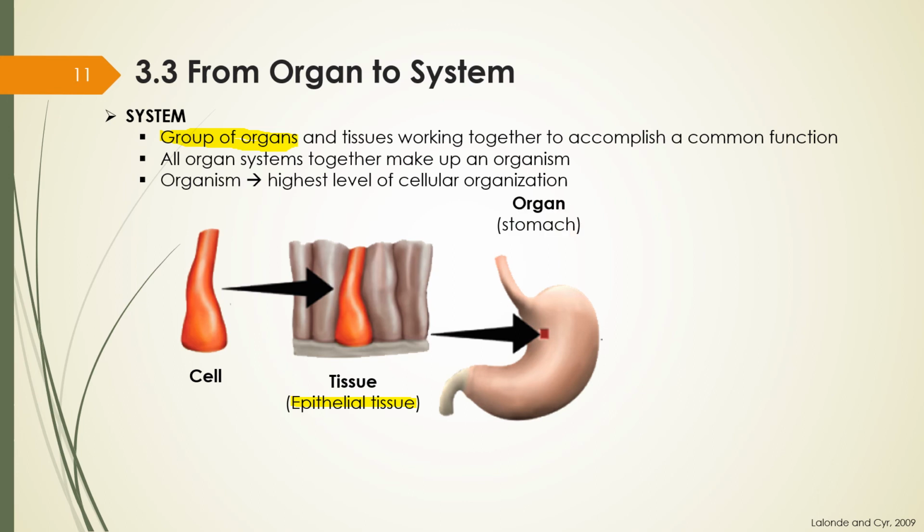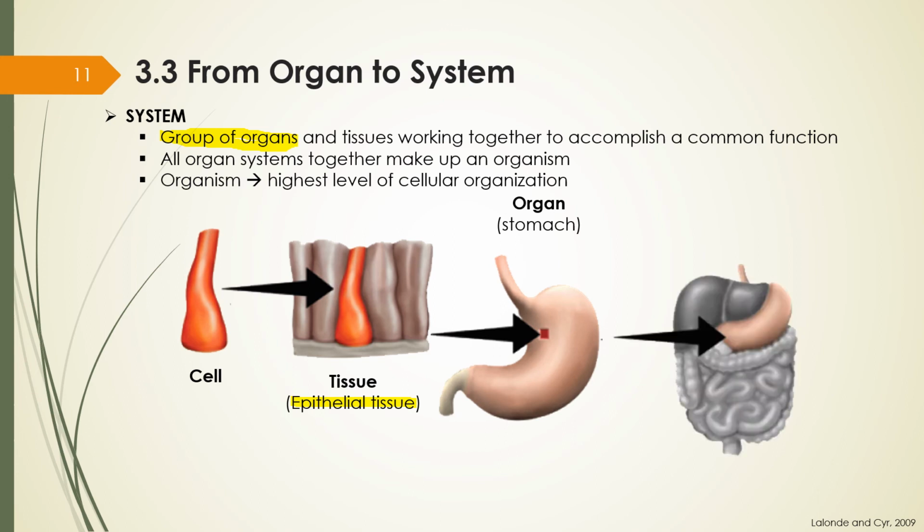But as we just saw, the stomach has different tissues, right? And when I take this organ and connect it with other organs, I form a system. In this case, a digestive system. So the stomach is connected to your intestine, for example, making the digestive system.